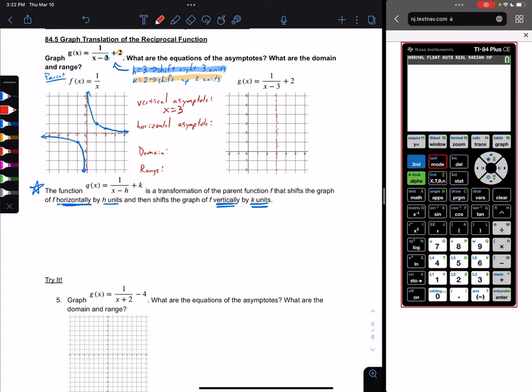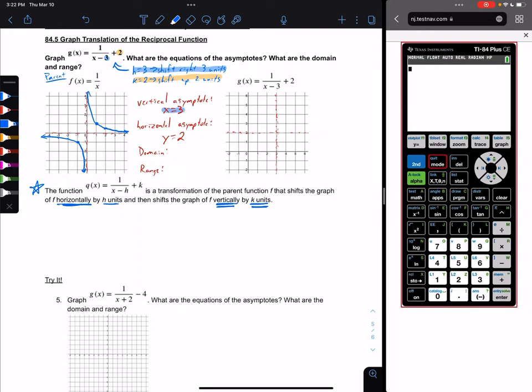The horizontal asymptote, so that's where it was the x-axis. We're going to shift that up 2 units. So instead of being at y equals 0, we're going to shift that up to y equals 2. Now what you might notice is that your x value is the same as your h value, right?